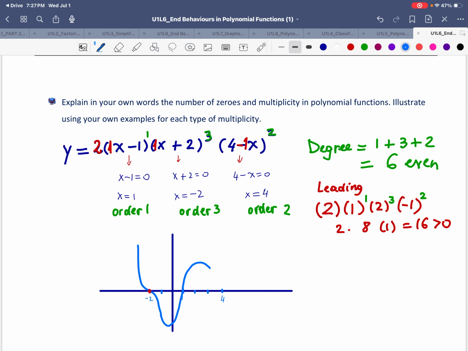At x equals 4 we show an order 2 x-intercept, or multiplicity 2, by making a turn at 4. When you have an even multiplicity, the graph will make a turn at the intercept. And this will be the shape of the graph of this polynomial function.